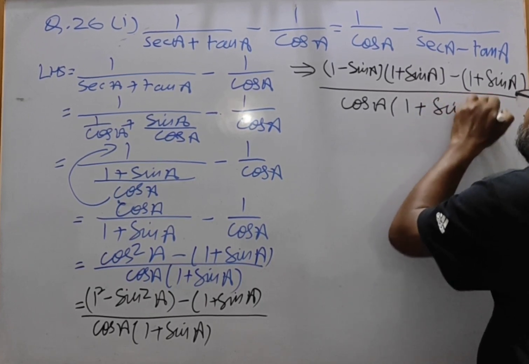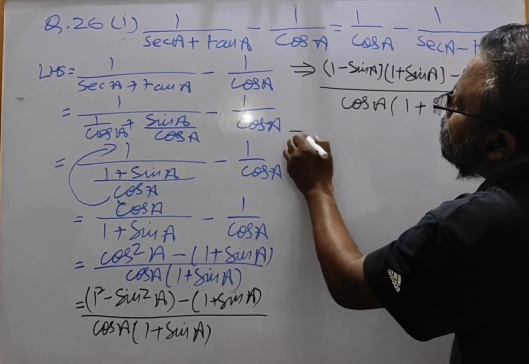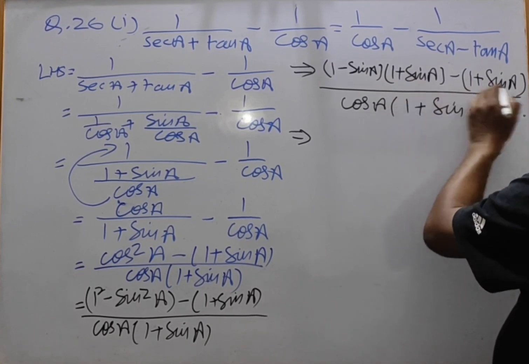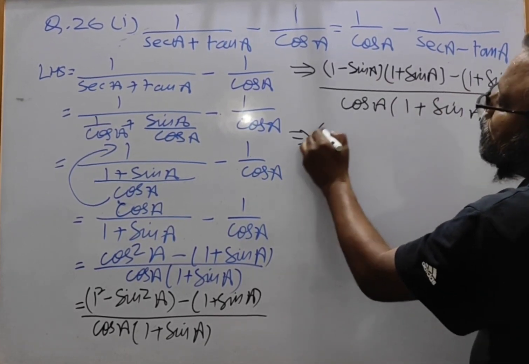Getting? Now what you do? You take 1 plus sin A common from them.